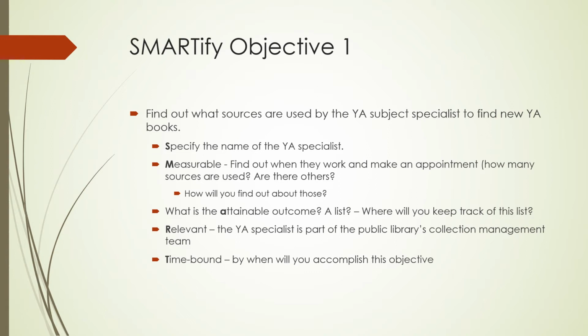That makes it attainable and adds to the possibility of measurement. So you're writing down, how am I going to keep track of that list? Are you going to do a Google Doc? Are you going to do a LibGuide like thing? Are you going to create a Zotero list? How are you going to keep track of that list?